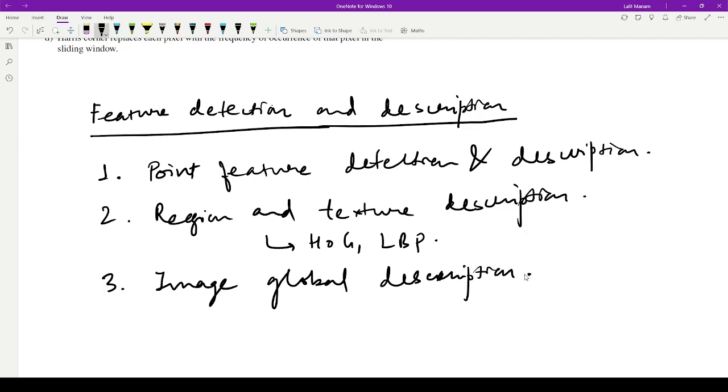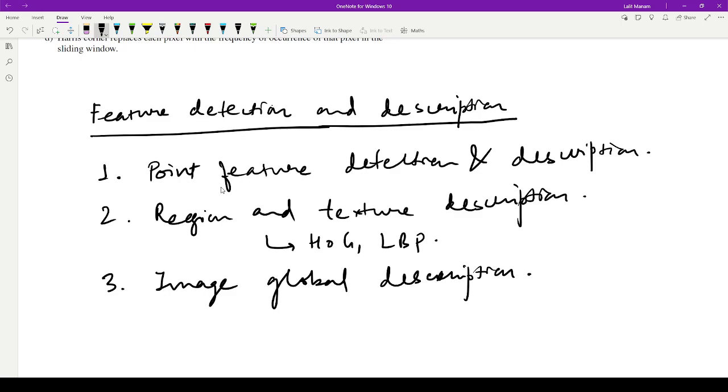Yes. Okay. So first we need to have clarity on what we even learned. We learned three different kinds of feature detection and description. First is the point feature, where we assign a feature to a few specific pixels which are of interest.